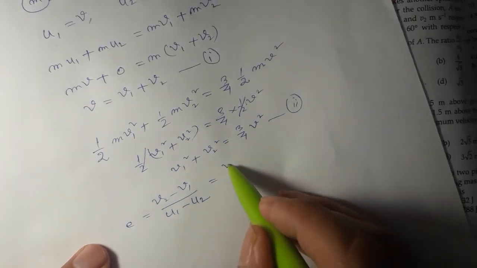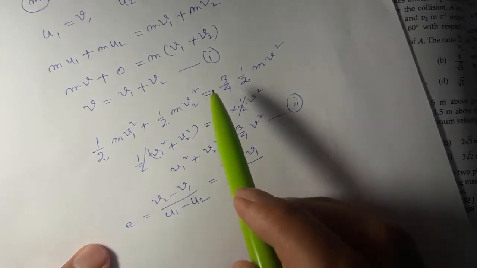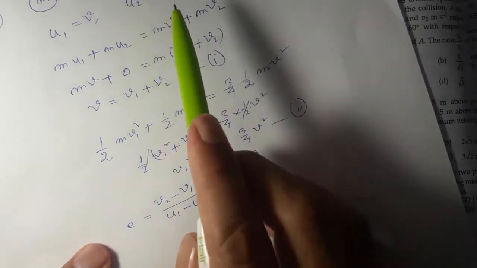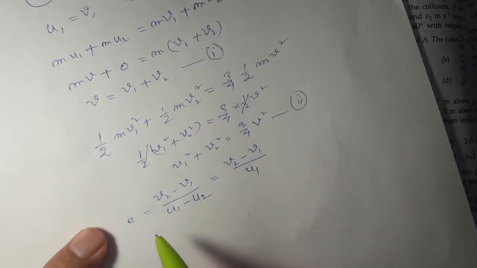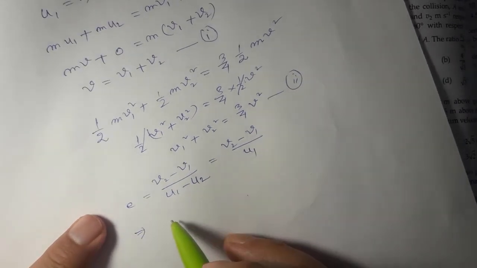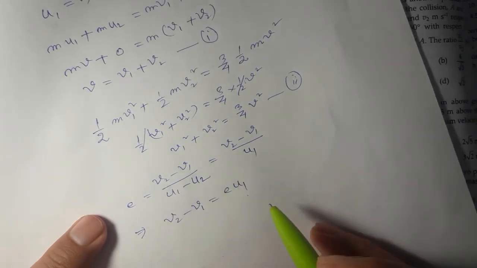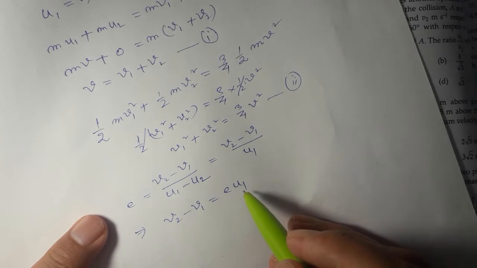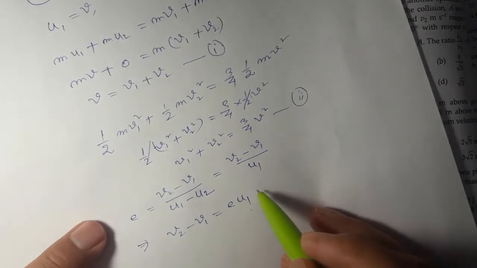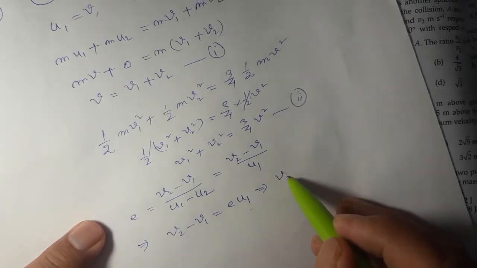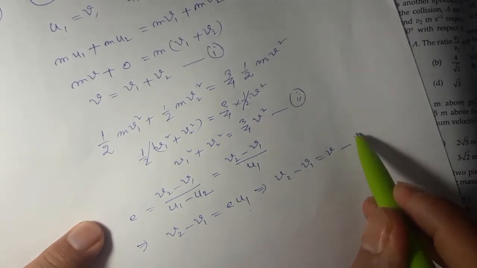So in this case also you have v2 minus v1 divided by this, the second body u2 is equal to 0, so only u1 will be left here. So when you cross multiply, you have v2 minus v1 is equal to E times u1. But you know that u1 is equal to v, so we can write v2 minus v1 is equal to E v. This is equation number 3 here.